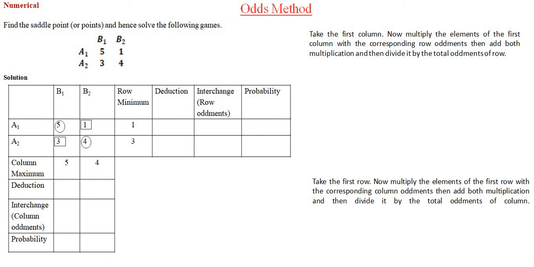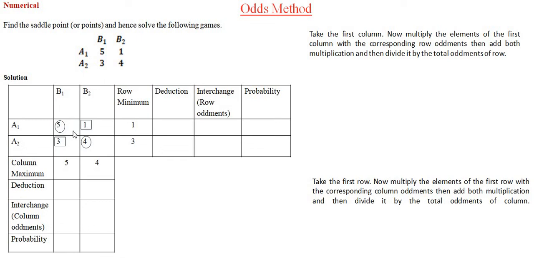First of all, we need to find out the minimax and the maximin. In this example, looking row wise, the row minimum for the first row is 1, so we have written 1 here. For the second row, the row minimum is 3, so we have marked 3 with a rectangle and written 3 in the row minimum section.